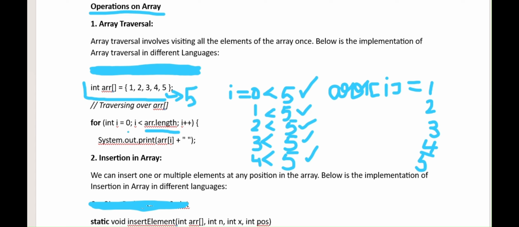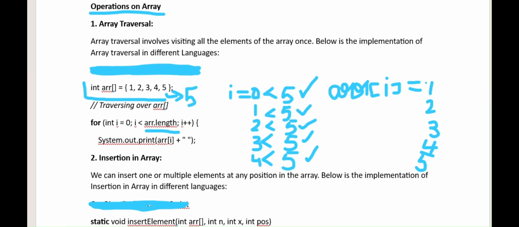Int i equal to 0. We initialized the integer value. 0 less than 5? Yes, it is true. Then the controller will go inside the for loop. It will print array of i. Array of i, where i equals 0, at index 0 we have value 1.